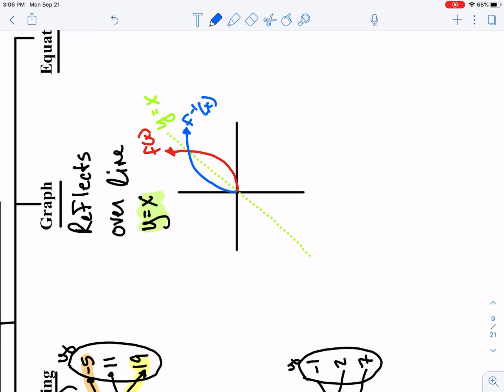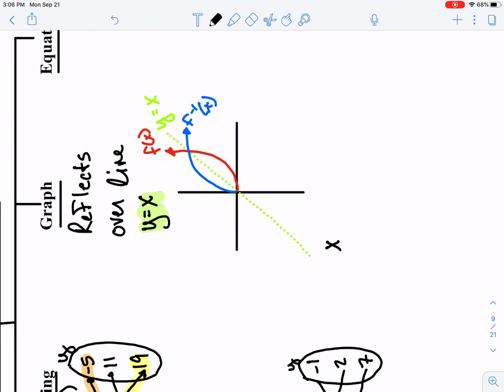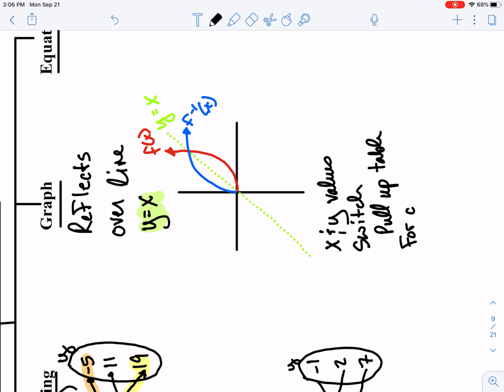And again, at the end of the day, x and y values switch. So if you can't see this, if you're not a visual learner, this won't make a whole lot of sense to you. So something you can do is pull up a table for your given graph.